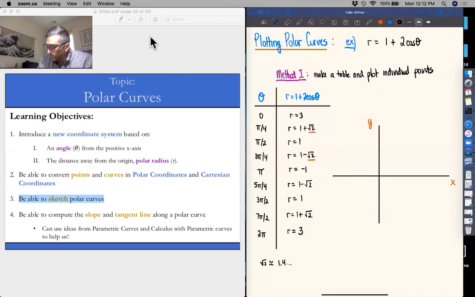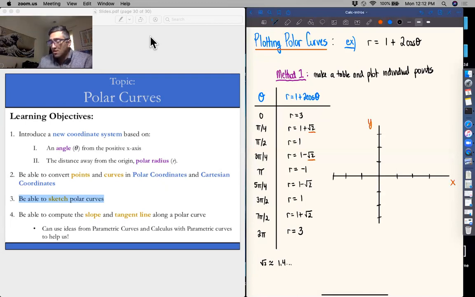In this case, it looks like we're going to be about 3 units away, at 0 and at 2 pi. Those seem to be the largest r values we have. So let's set up this XY plane according to those dimensions.